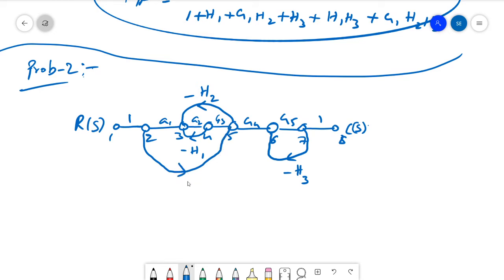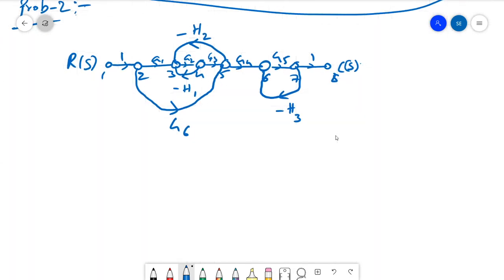This is actually another forward path. Just to mention the other forward path in this direction, it is G6. So observe the number of forward paths in this signal flow graph.